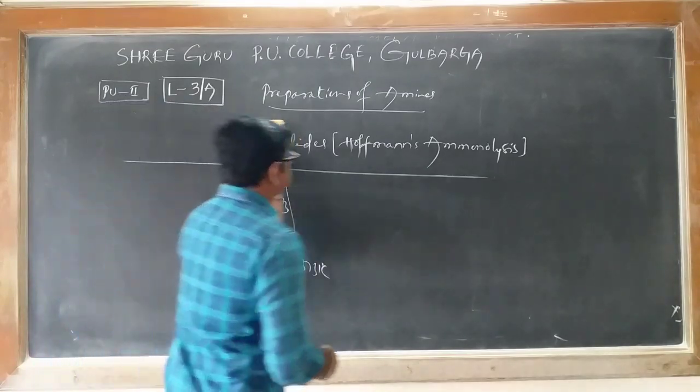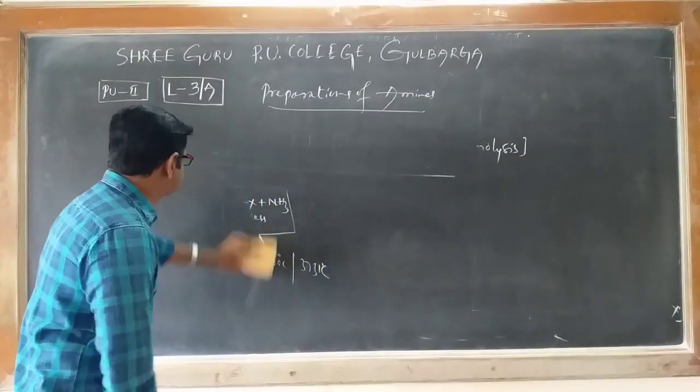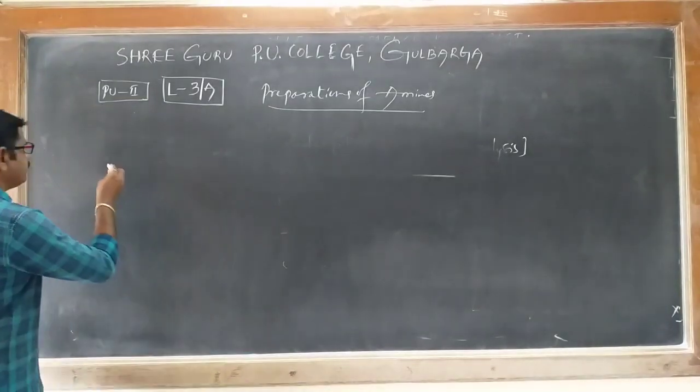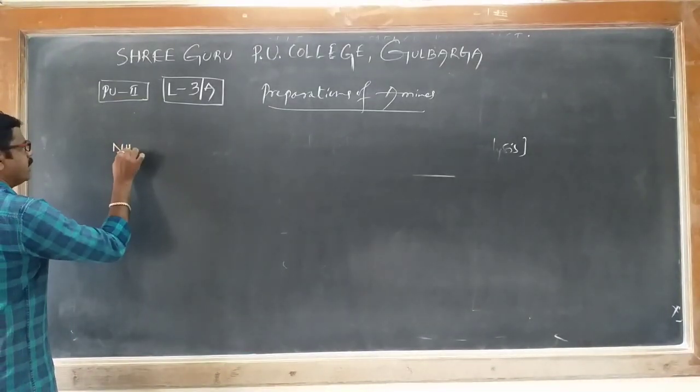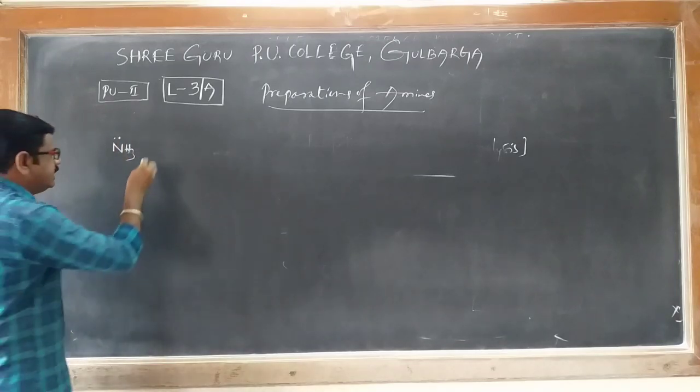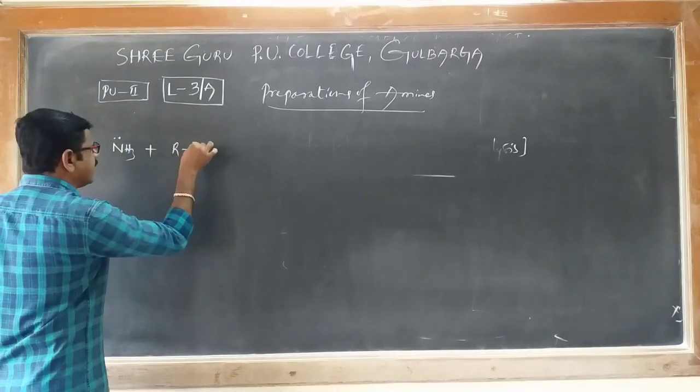See here carefully. First of all, what happens in the first stage? Nitrogen in ammonia has a lone pair, which acts as a nucleophile and reacts with the alkyl halide.